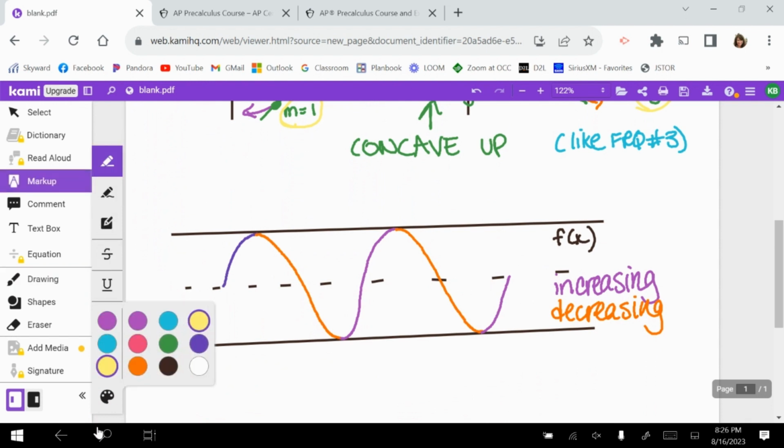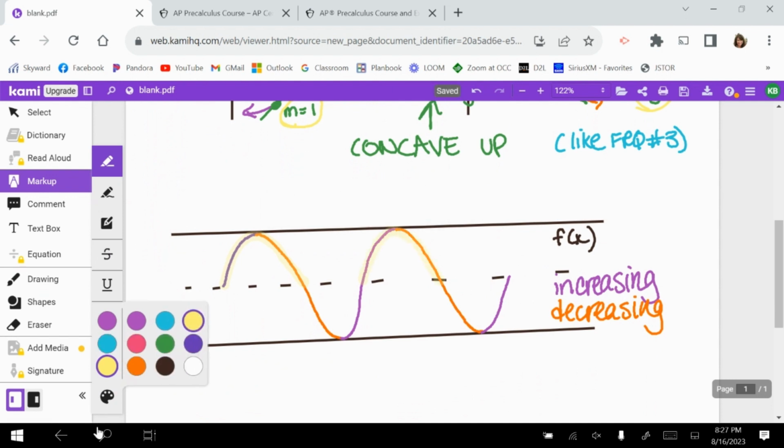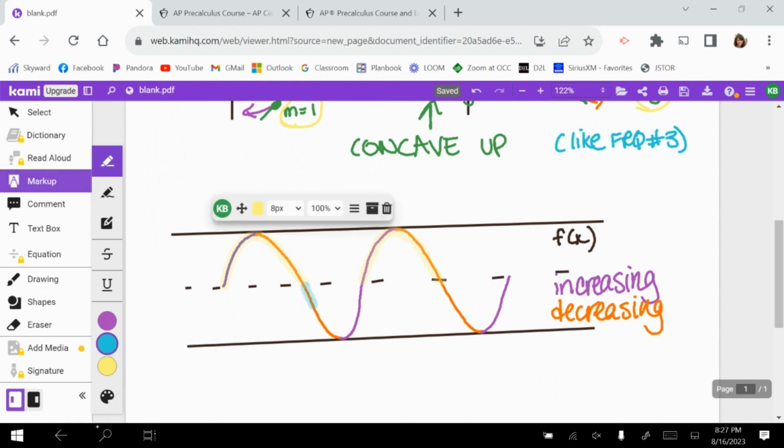Now, because I have more knowledge than I need for this AP Precalculus course, I know already, and I'm sure you do too, where this function is concave down. So I'm just going to highlight in yellow intervals where this function is concave down, and let me highlight in blue intervals where f of x is concave up.